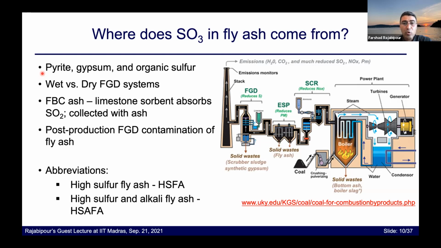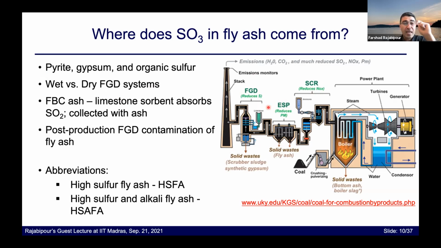Because of this, most power plants have a so-called FGD, or flue gas desulfurization, unit that is installed as part of the flue gas. So as we see here, as the flue gas is coming from the boiler, along with technologies to capture the fly ash and to reduce NOx, we have to reduce this SO3 gas.